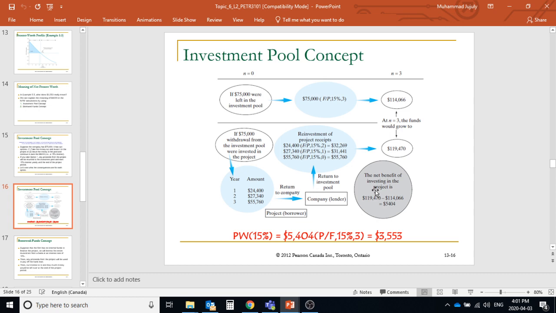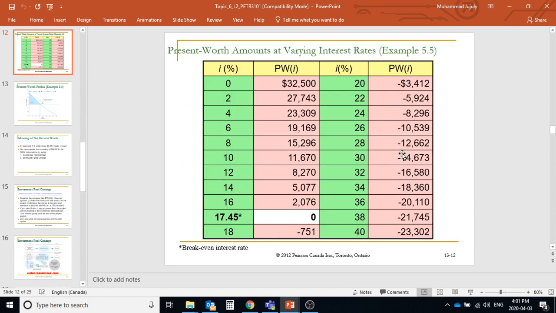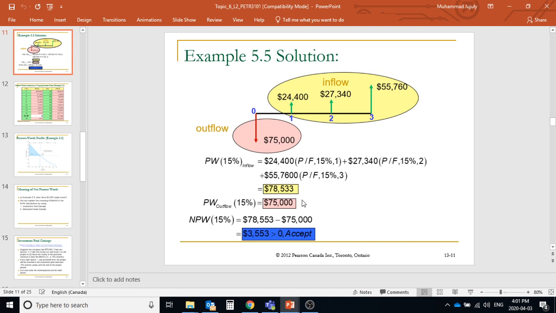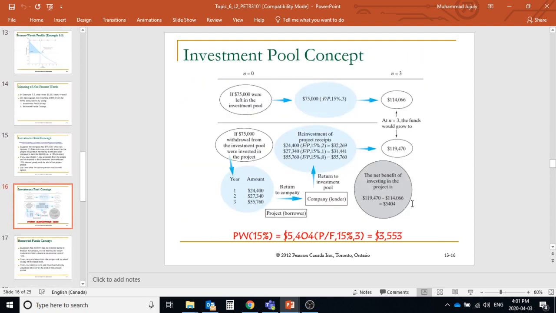Okay, and in the end we have calculated in here that money, $3,553. Okay, so that money is this one, and the future worth of this 3,553 would be what? $5,404.